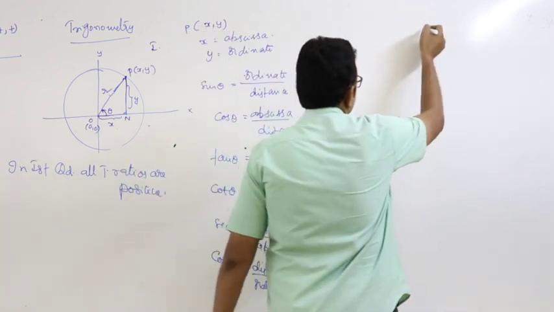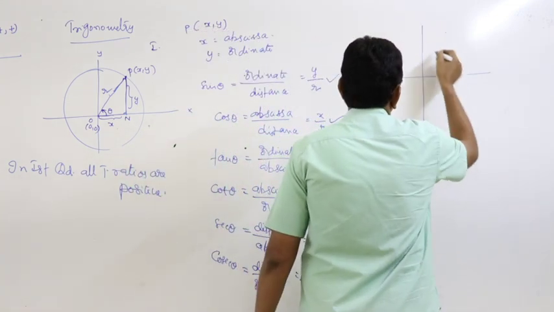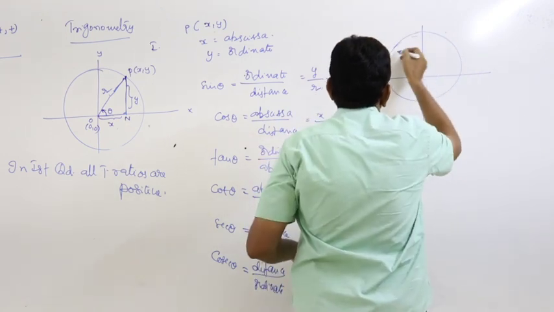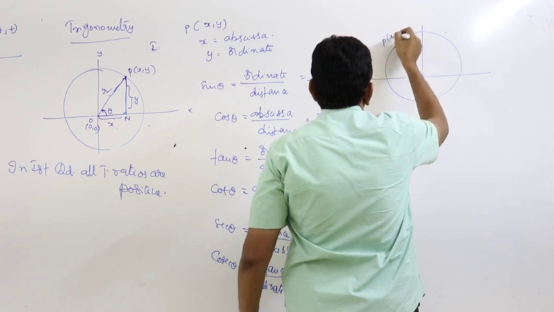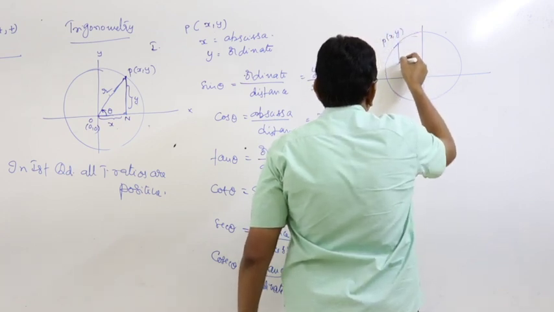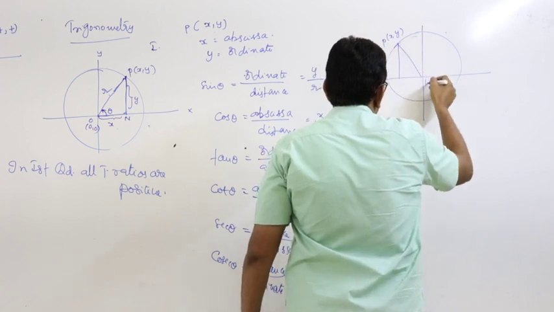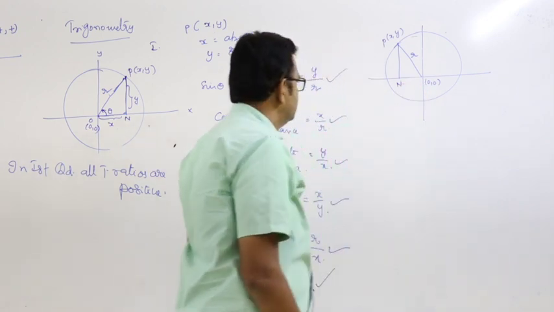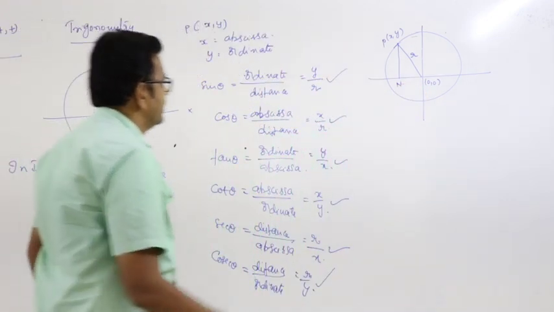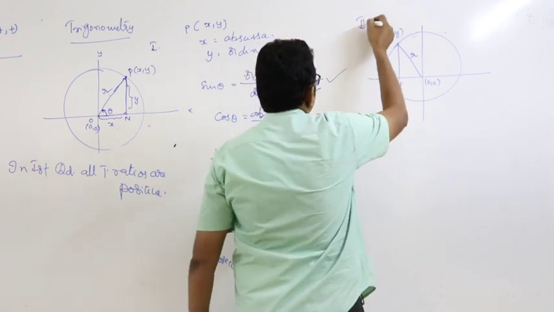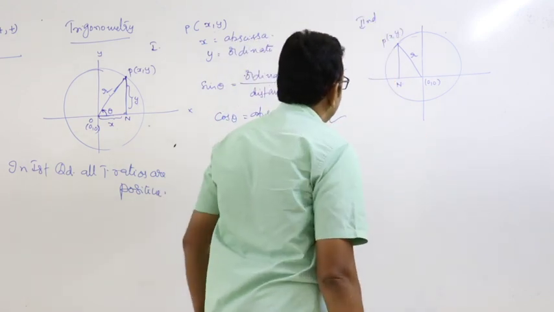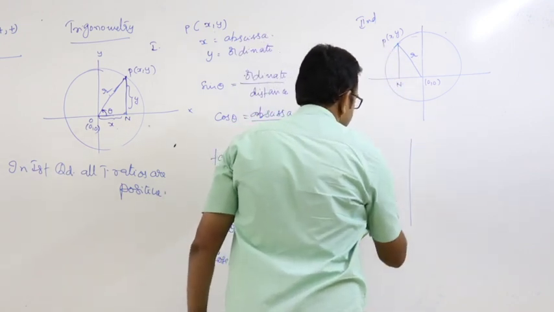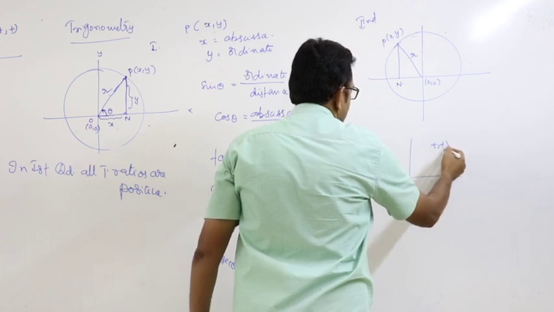Suppose the point P lies at x comma y. This is 0 comma 0, this is r, this is x comma y. Second quadrant, see here. This is 0, 1, 2, 3, and minus 1, minus 2, minus 3. In the first quadrant, x coordinate positive, y coordinate positive.